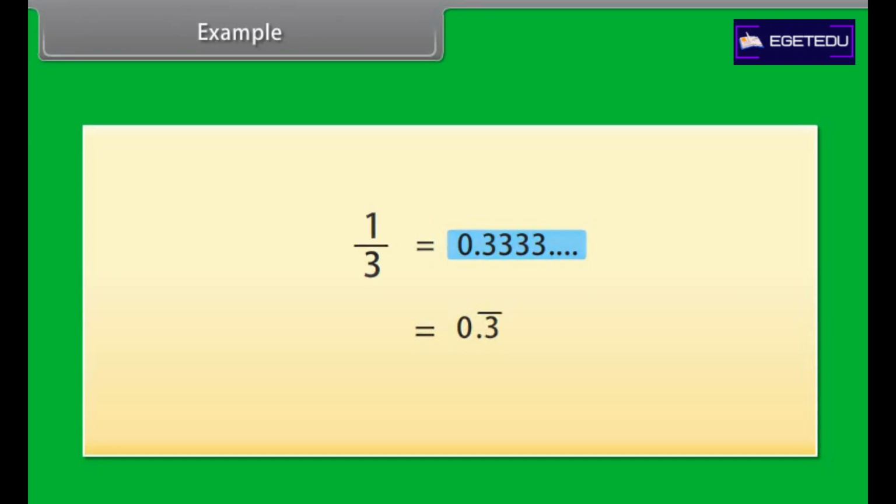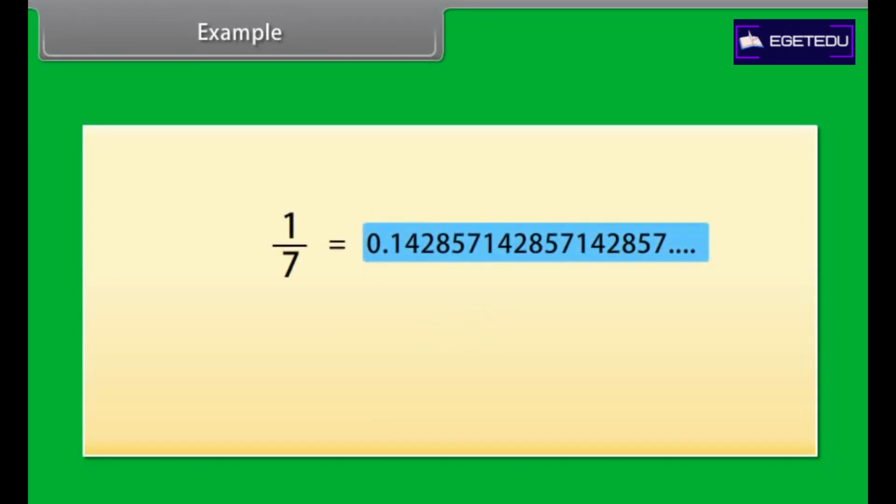Decimal expansion of 1 by 7 is 0.142857 and so on. Here 142857 is repeating. So we can write it as 0.142857 bar.